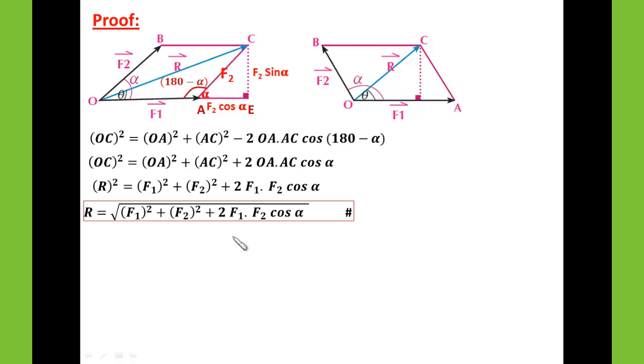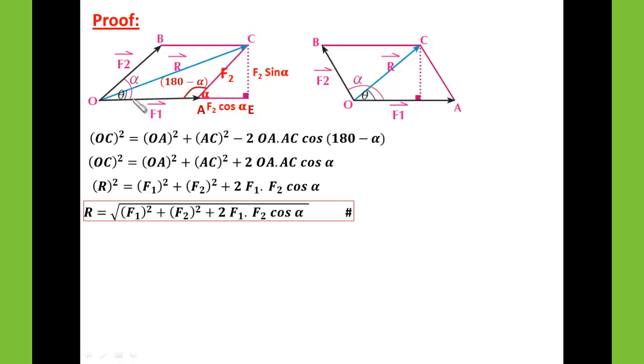Now we will continue to calculate tan theta, the direction of the resultant with respect to F1. Look at the triangle OEC. You note that tan theta equals EC, the opposite, over the adjacent, OE.